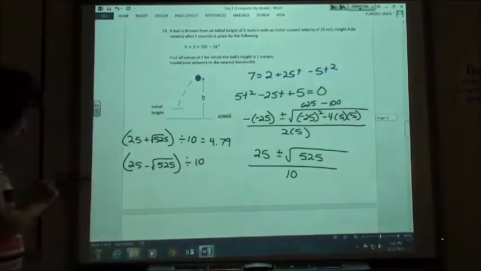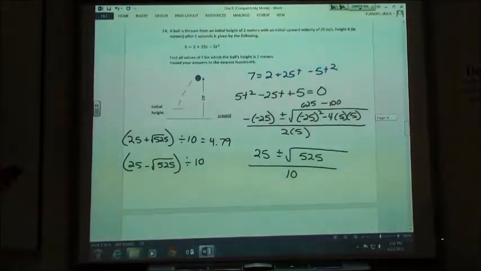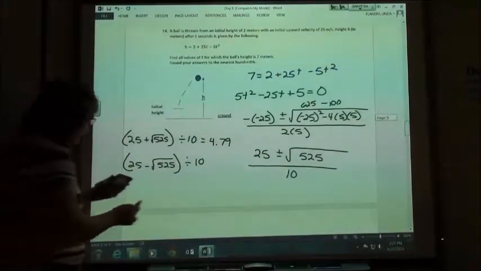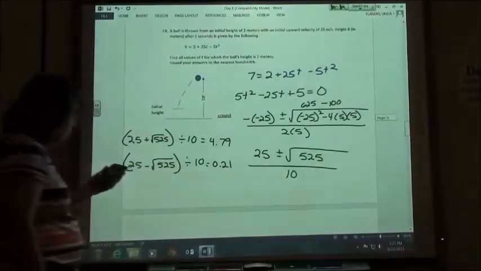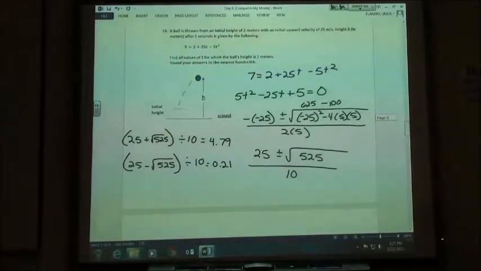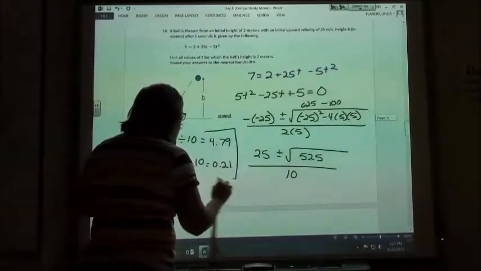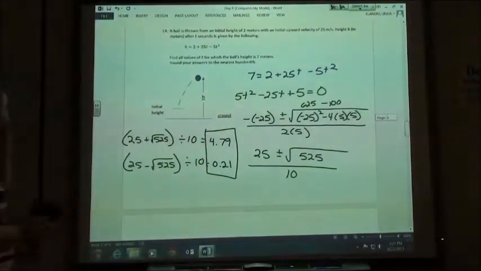And then if I do parentheses first, 25 minus the square root of 525, close my parenthesis, divided by 10, I get 0.21, because I have 0.208, so round that off to 0.21. So again, I'm going to have 2 times where my height is 7 meters, at 4.79 and at 0.21.